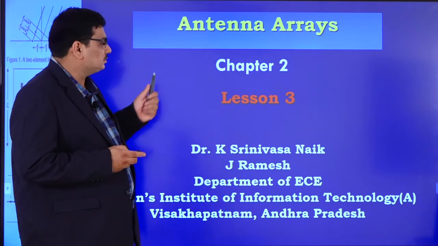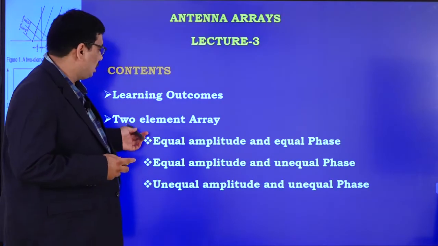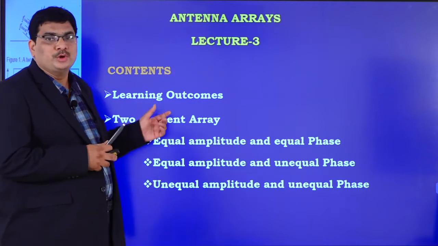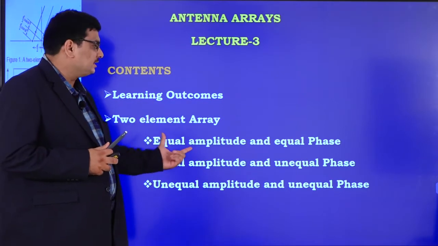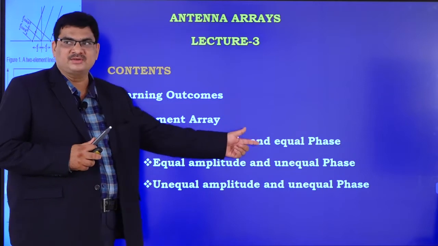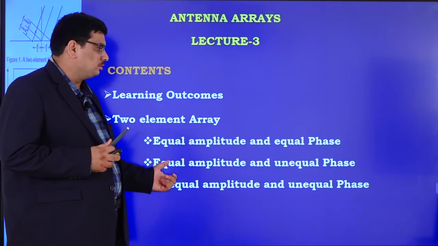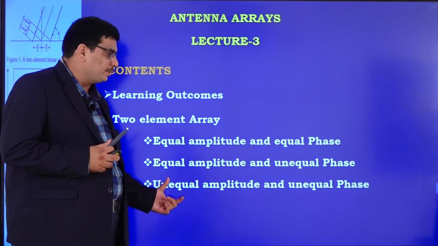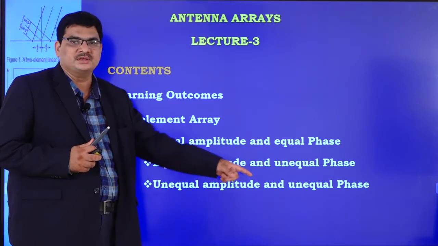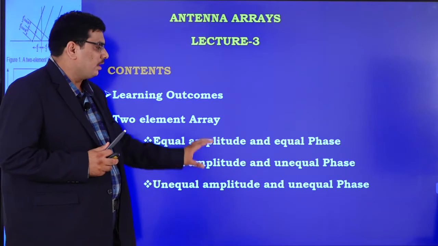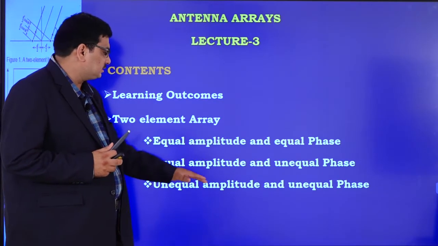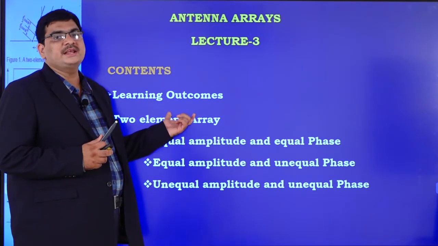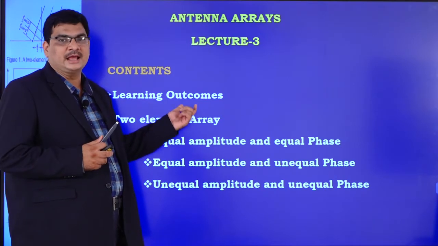In this class we are discussing how we will design a two element array with equal amplitude and equal phase, equal amplitude with opposite phase, and unequal amplitude with opposite phase. For all three cases, what is the radiation field of a two element array?